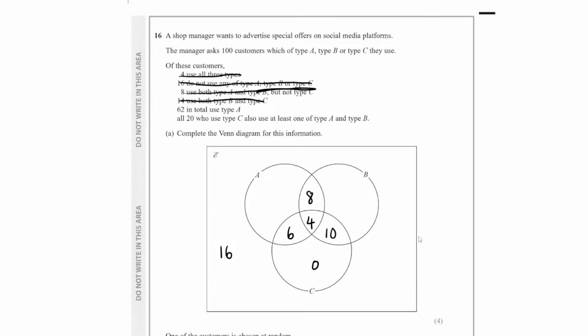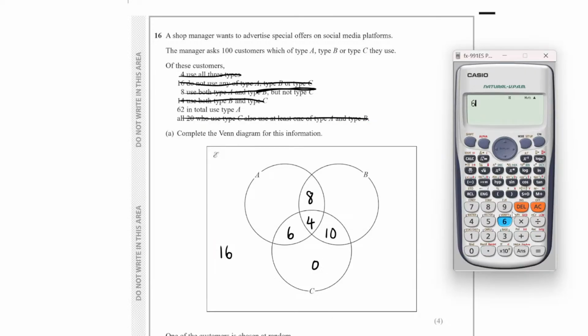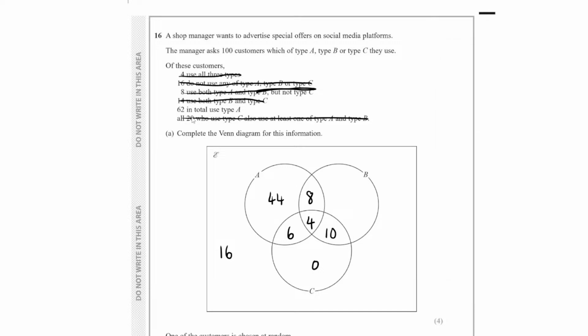So again, you have to do the calculation. Now I can come back and look at the 62 for A. The whole bubble for A is 62, so I need to take away the rest. So 62 minus 8 minus 4 minus 6. So that is 44.